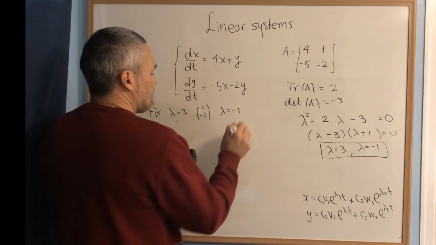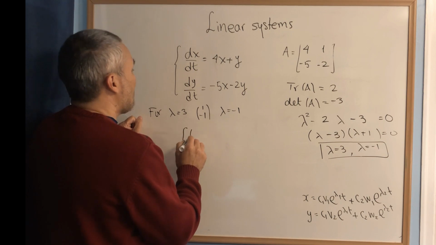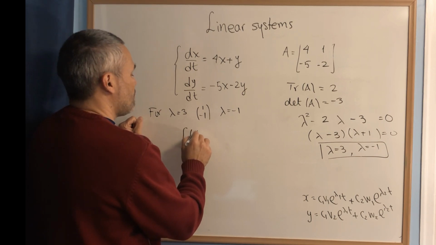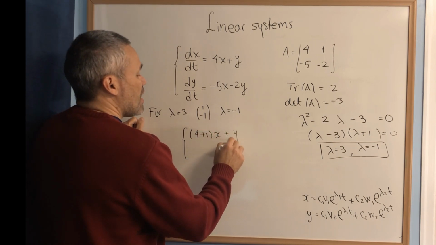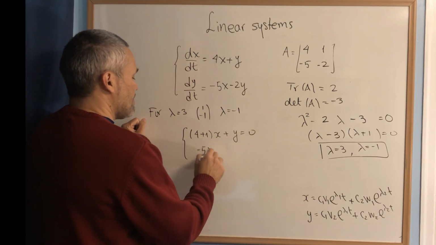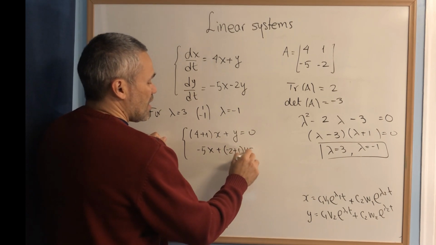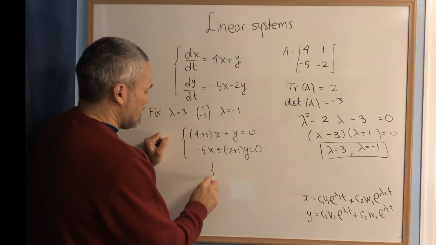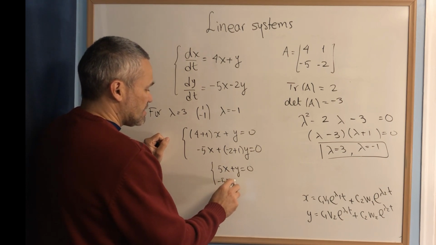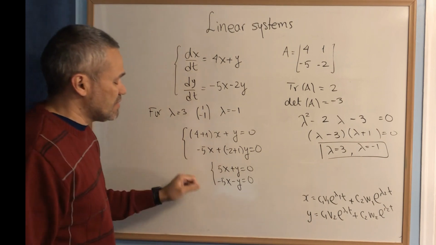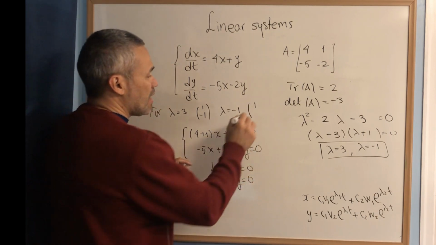We do the same for lambda equal -1. In this case, to compute the eigenvector, we do (4 minus -1) times x plus y equals 0, and -5x plus (-2 minus -1) times y equals 0, and this is the system 5x plus y equals 0, -5x minus y equals 0, and a non-zero solution of this is x equal 1 and y equal -5.